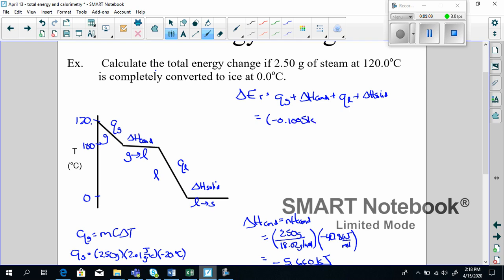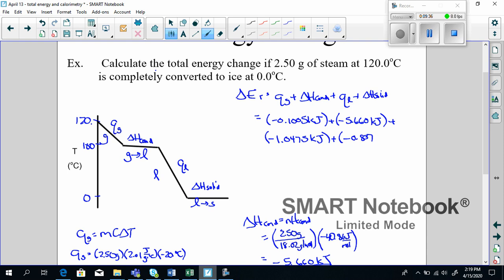So joules to kilojoules, divide by 1,000. Our molar enthalpy, or enthalpy change, of condensation is negative 5.660. Heat calculation for the liquid is negative 1.0475. And then our last value is negative 0.837.